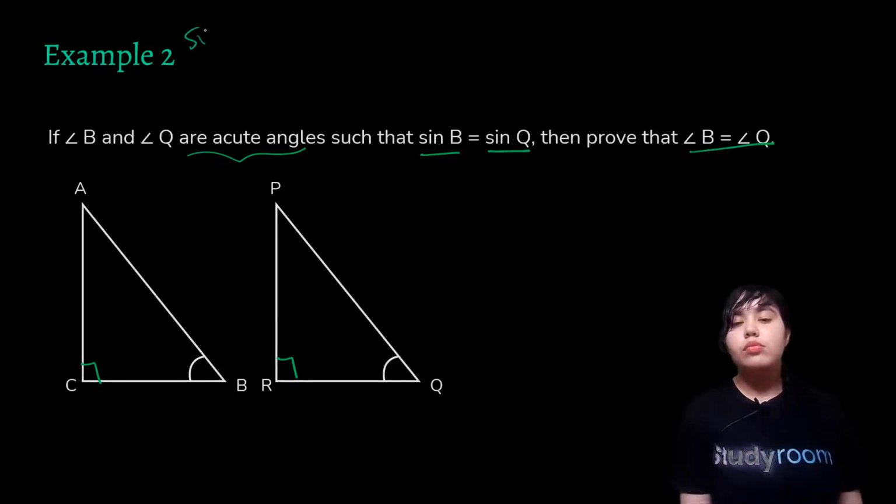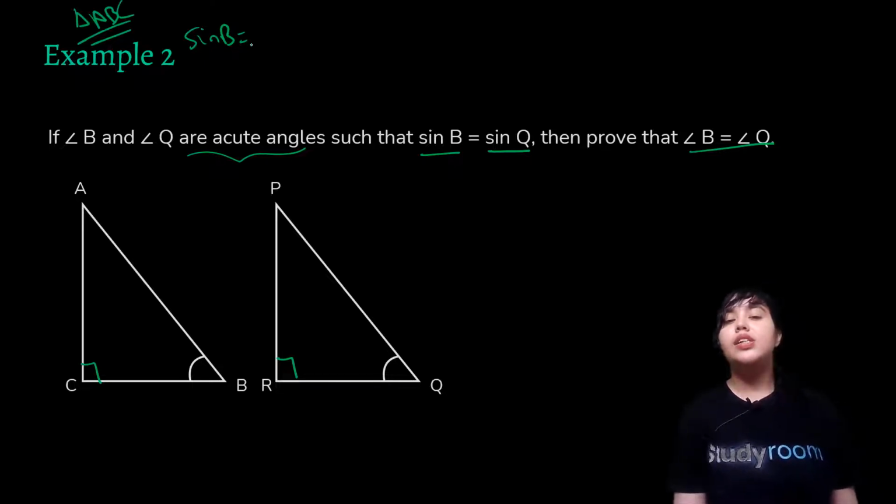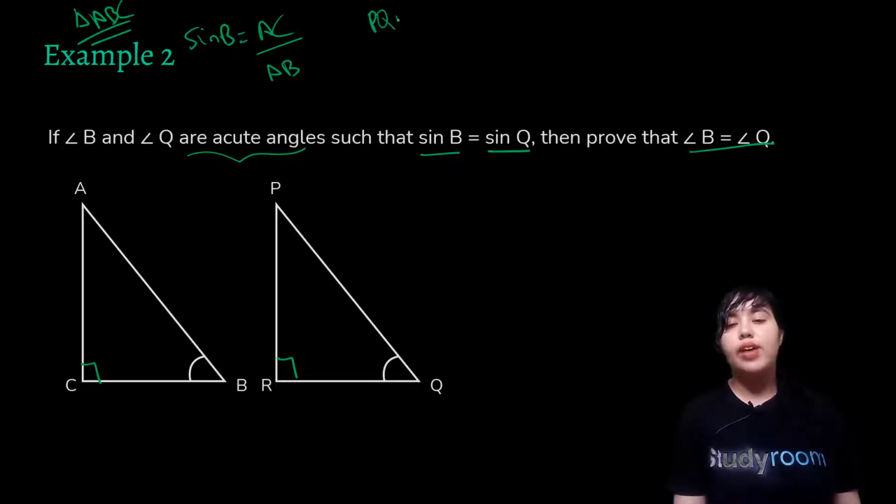So sine B, I'm considering triangle ABC. It will be the side opposite to angle B, which is AC, upon the hypotenuse of triangle ABC, which is AB. Now similarly, find out in triangle PQR the value of sine Q. The side opposite over here is PR.